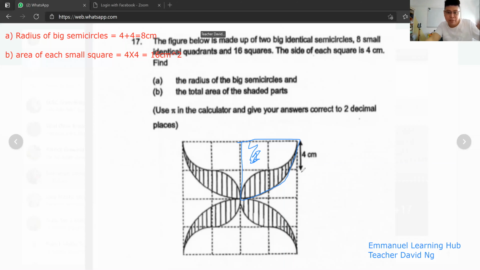You understand what I'm saying? So quadrant minus 2 of the square, you get the shaded part already. Can understand? Therefore, you're going to use the area of the large quadrant minus 2 small squares.